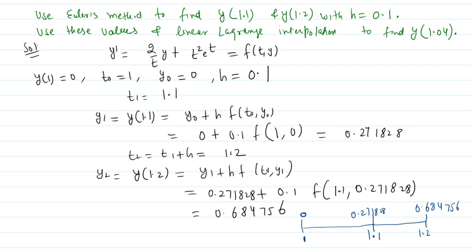Now it says to find the solution at 1.04 using these values and use linear Lagrange interpolation. Okay, linear only. So you can check 1.04 will be somewhere between 1 and 1.1. Okay, so use only y0 and y1, and linear Lagrange interpolation to find the value at this point.